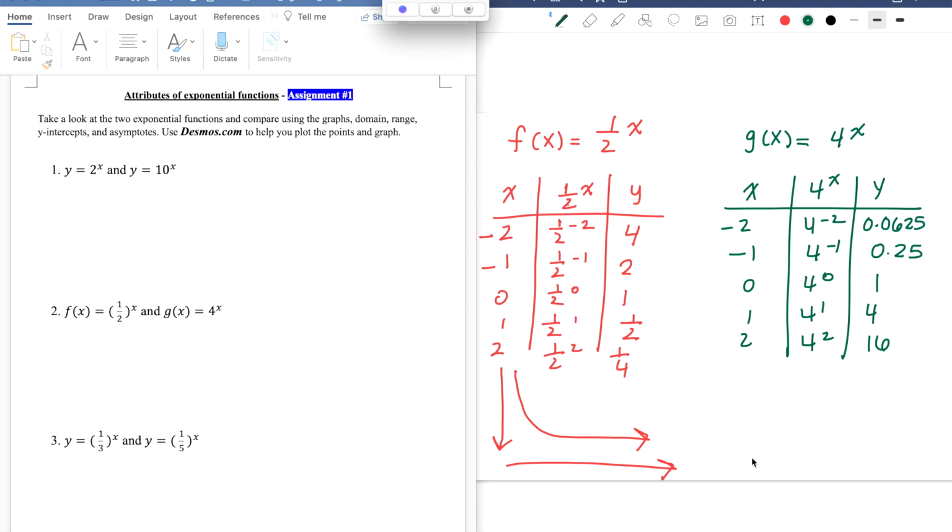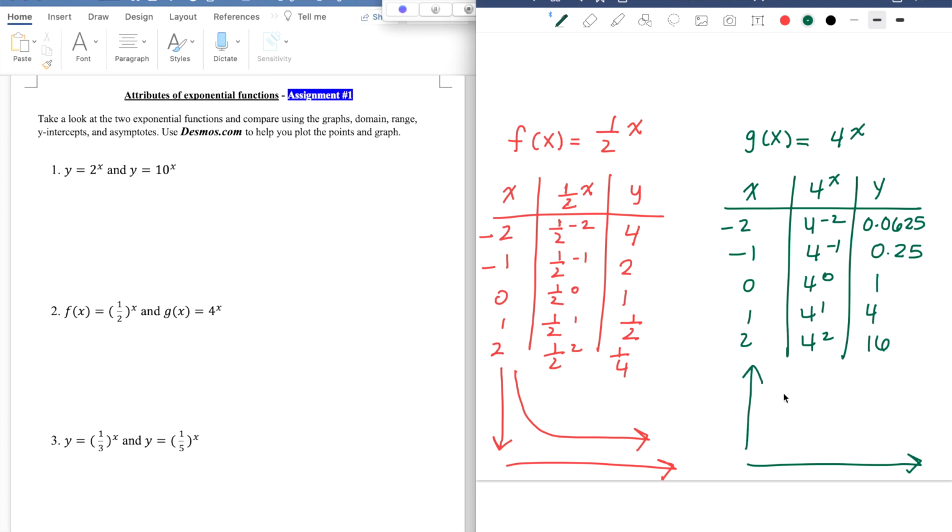When your x values increase, your y values increase, and that's how you get exponential growth. So f of x is an example of exponential decay, and g of x is an example of exponential growth. Your x and y both increase.